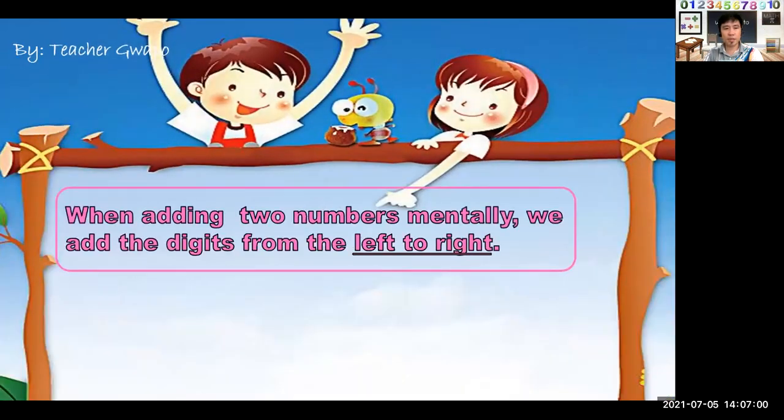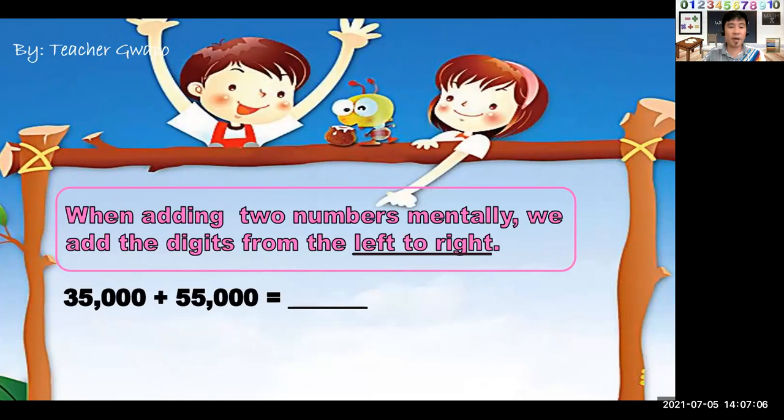Now here, let's say, for example, we will add 35,000 plus 55,000. A while ago, I told you that when we add numbers, we will add from the left. So if we look at this screen, the left side here is number 3 and number 5, not starting from 0. So we start from the 10,000s place, and here also from the 10,000s place.